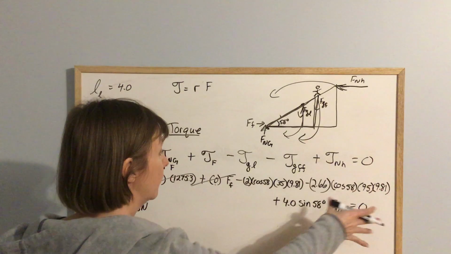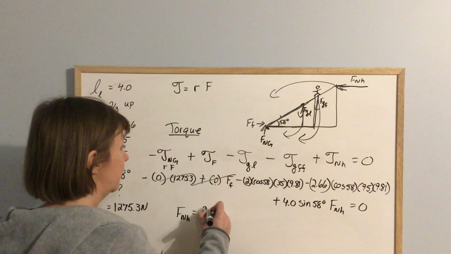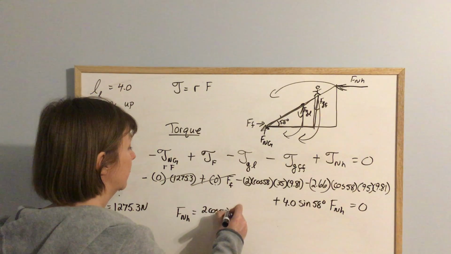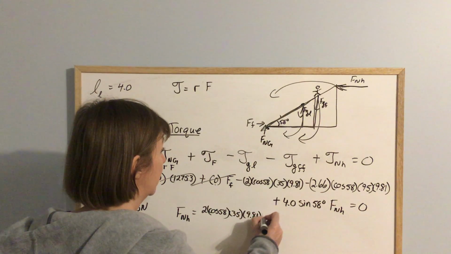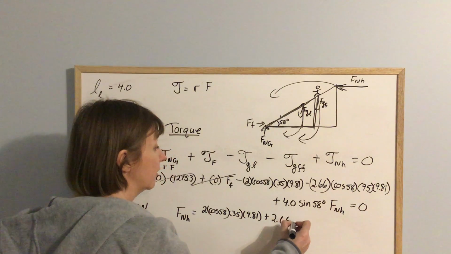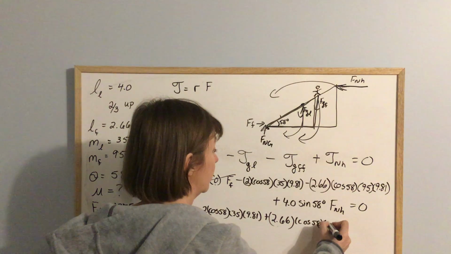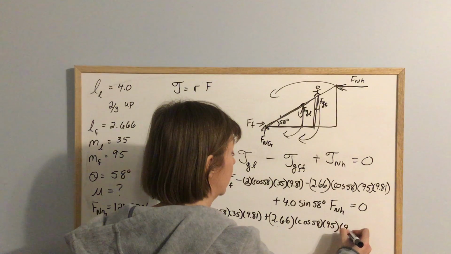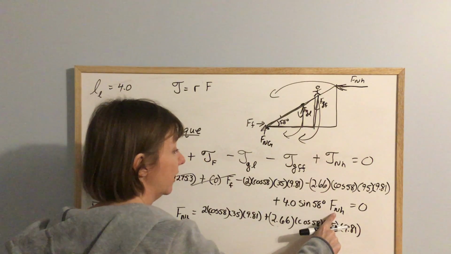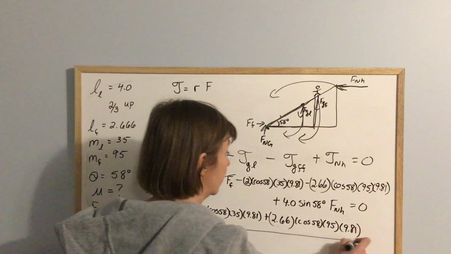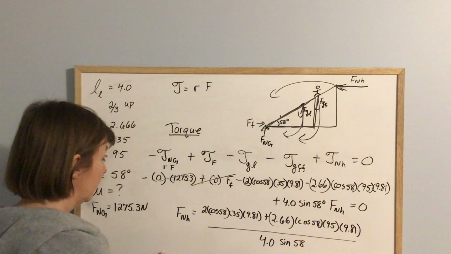So if I move this over to one side, I'm going to have normal force on the house is 2 times cos of 58 times 35 times 9.81 plus 2.66 times cos of 58 times 95 times 9.81, and then, so I've got this over on one side. So now, to get this by itself, I'm going to have to divide by 4 times sine of 58. So, normal force on the house.